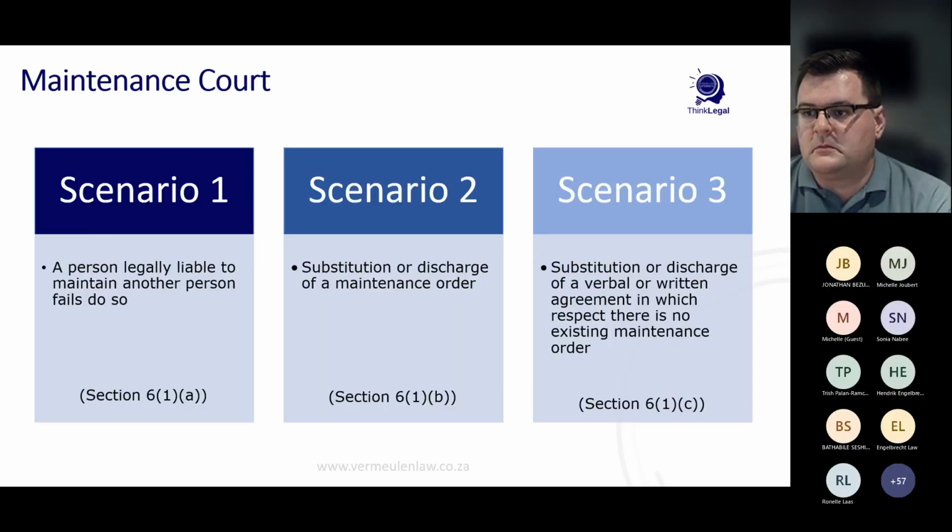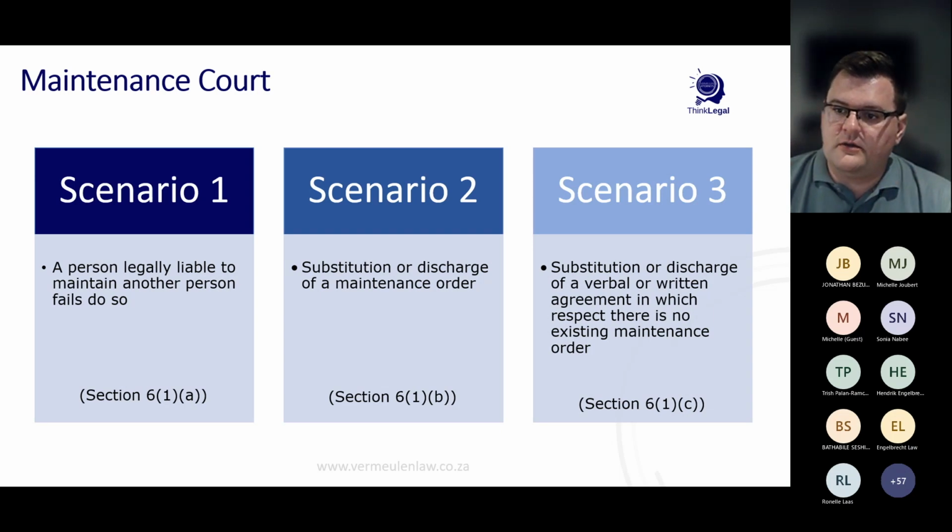It opens up various cans of worms in terms of the Children's Act, Maintenance Act, even potentially issues of spousal maintenance conceptually, if you are not being maintained by your spouse during the marriage. If there's no divorce proceedings, you can conceivably approach the maintenance court, although I haven't seen it happen in practice. That is scenario number one.